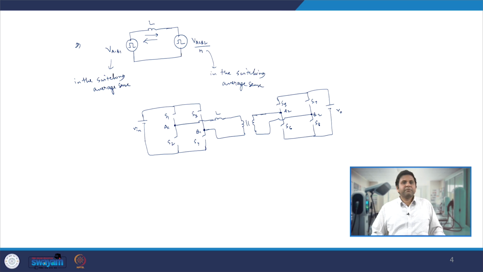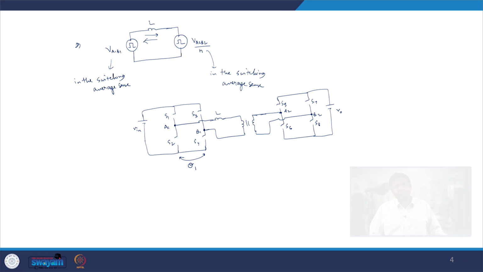In this circuit we can control the voltage applied from A1 B1 by changing the phase shift between the half bridge comprising S1 S2 and the half bridge comprising S3 S4. Let us define this angle to be theta 1, that we can control the phase shift of turning off of the diagonal switches, as we discussed in the case of the phase shifted full bridge converter.